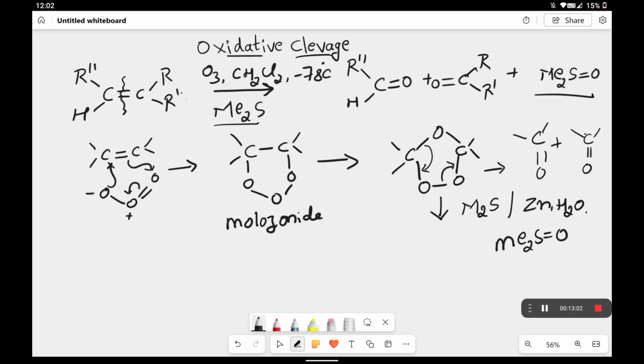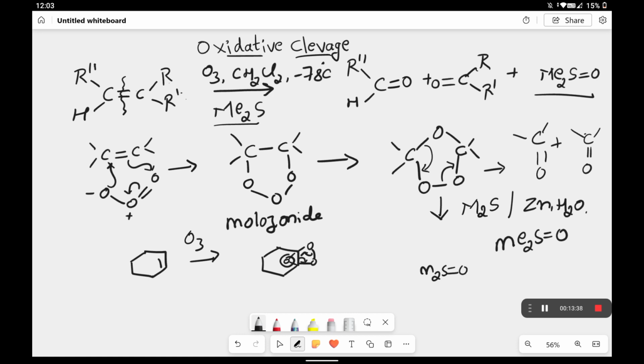Whatever the compound is, let us take a cycloalkene, cyclohexene. If you add oxygen to it, then what happens? You write the compound like that. This bond is going to cleave, and this bond is going to cleave, and this oxygen atom goes and attaches to the sulfur atom, and it gets converted to dimethyl sulfoxide.